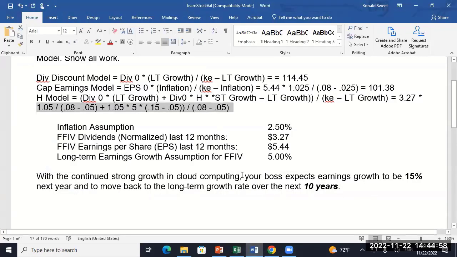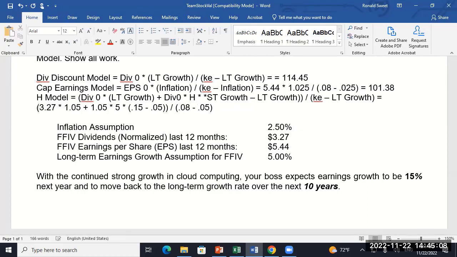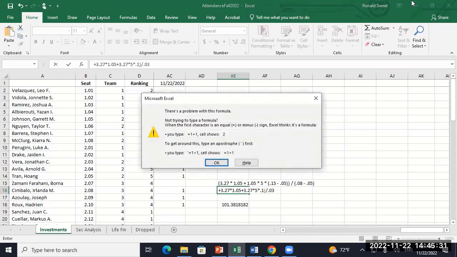Oh, I copied too much, didn't I? All right. All right, that looks better. So plus 3.27 times 1.05 plus 3.27 times 5 times 0.1 divided by 0.03.